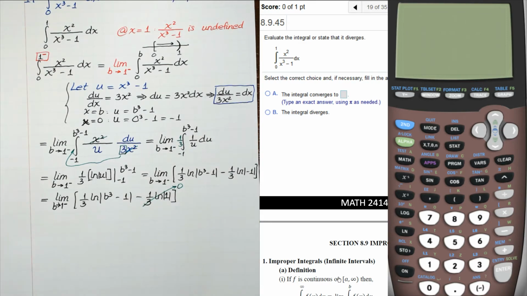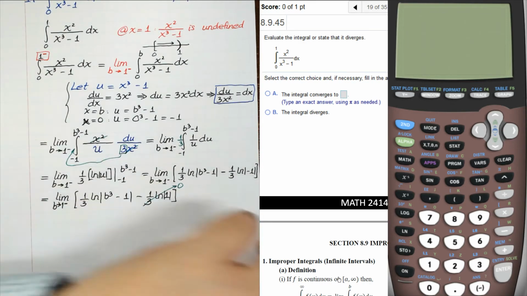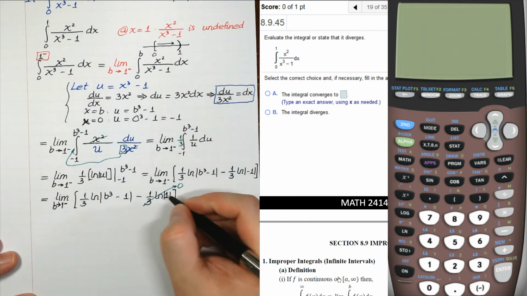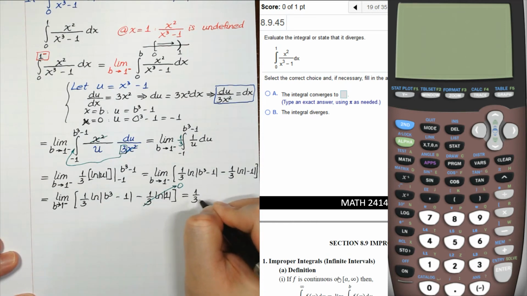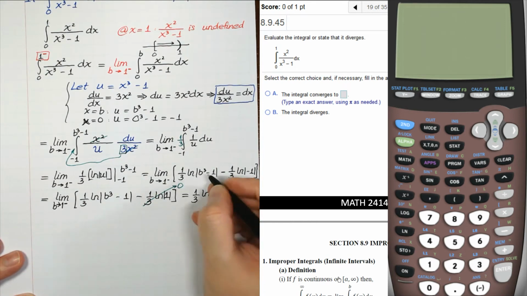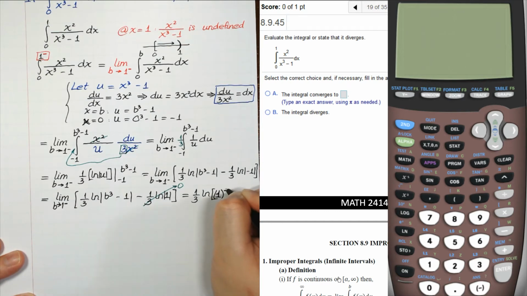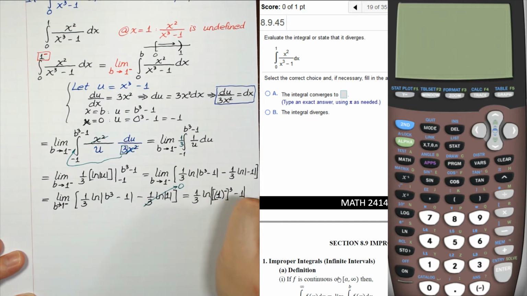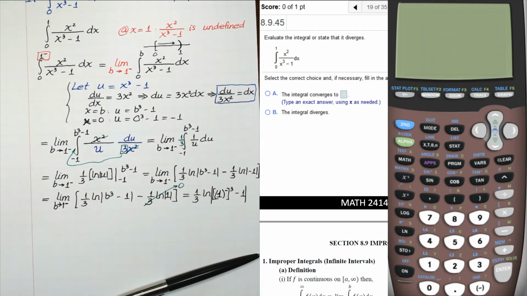Right, at least we only need to worry about this. So we only have 1 over 3 ln of absolute value of b cubed minus 1. Right, let's try to do that.